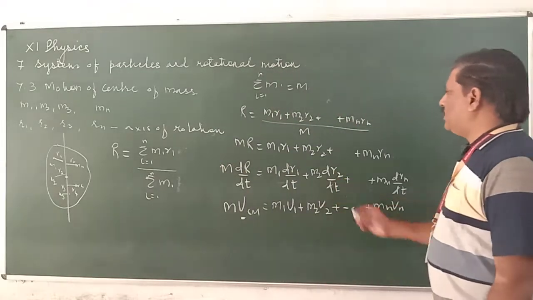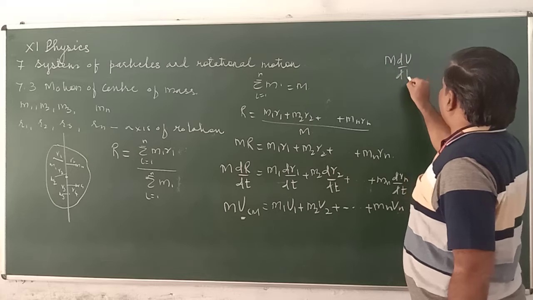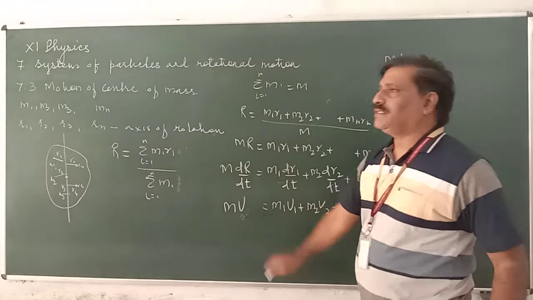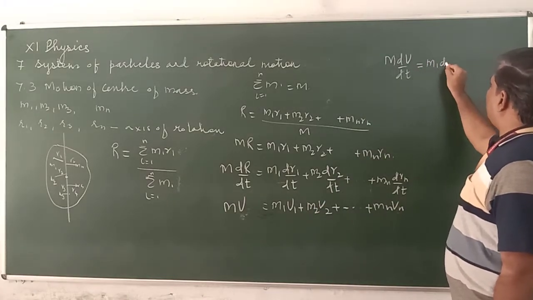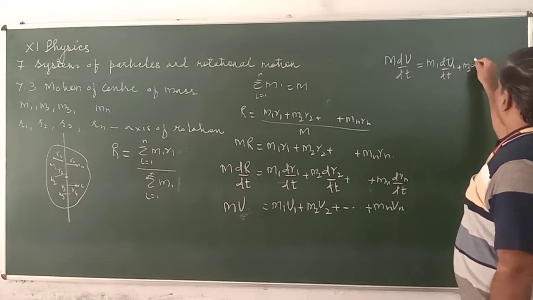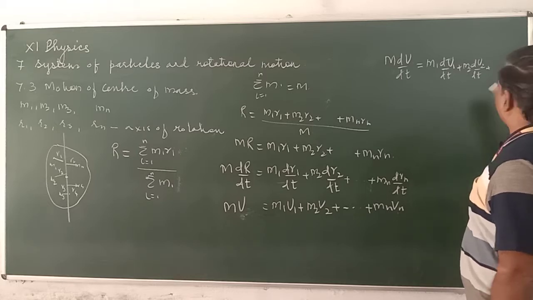Again we differentiate this one: M dV by dt, where capital M is for the center of mass, is equal to m1 dv1 by dt plus m2 dv2 by dt plus so on mn dvn by dt.